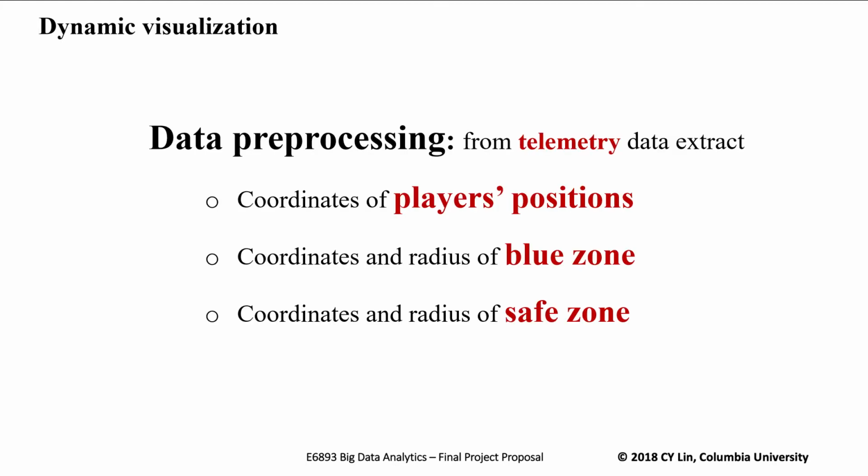First of all, we extracted coordinates of players' real-time positions and the coordinates of the blue zone and the safe zone. Here, the blue zone is a circular area on the map, outside of which there will be poisonous gas, which is harmful to players. The safe zone is a specific area within the blue zone, to which the blue zone will consistently approach.